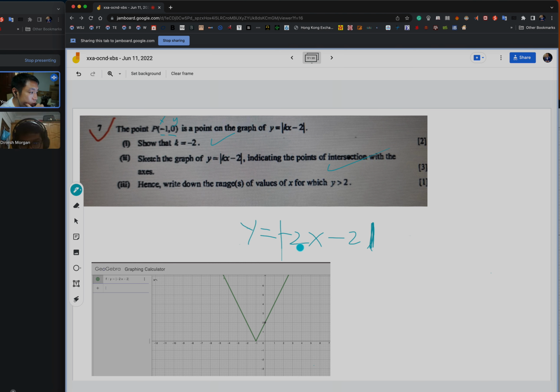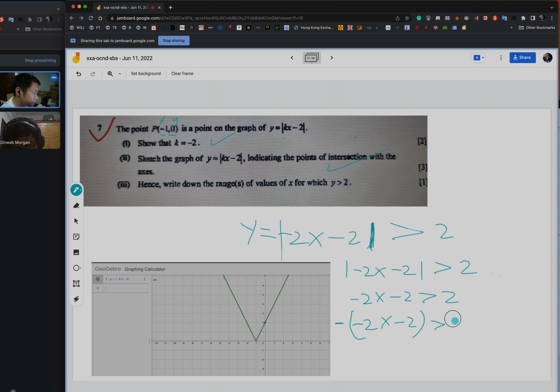This is your y equal, right? So now they say y is bigger than 2, so therefore this whole thing is bigger than 2. Right? So when it's bigger than 2, you have two scenarios. It can be this, bigger than 2, or it can be this, with a negative in front, bigger than 2. Okay? So you need to solve this simultaneous inequality.